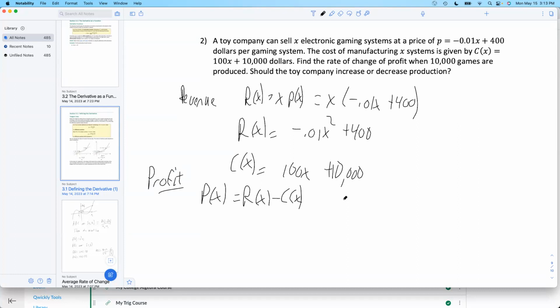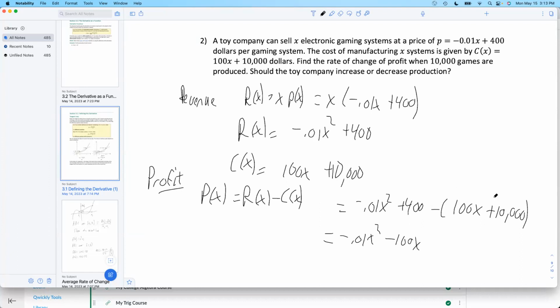So in this case, that would be negative 0.01x squared plus 400x minus, and then in parentheses, all the stuff, the cost function. So let's see, that'd be negative 0.01x squared. I think we get minus 100x.